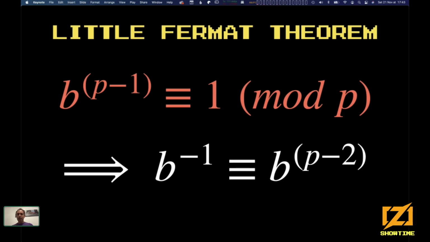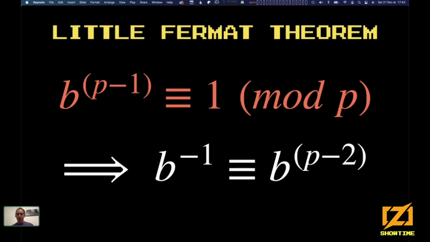Well, this is a little bit complicated, but there is a very simple method, which is called the Little Fermat theorem. The demonstration is not so simple, but the result is great. This is only valid if P is a prime, but if we raise B to P minus 1, mod P, we get 1.